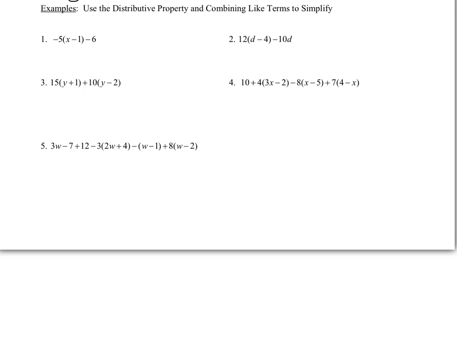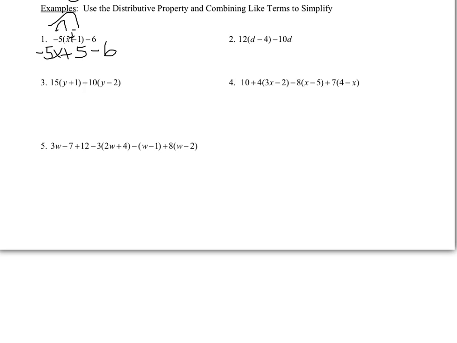So we need to do distributive property with this negative 5 first. And because it's a negative 5, I might want to think of switching this minus 1 to plus a negative 1. So we'd have negative 5 times x would give us negative 5x, and then negative 5 times a negative 1 would be a positive 5, and then minus 6. Okay, so we've gotten rid of the grouping symbols, but now we need to combine any like terms that we can.